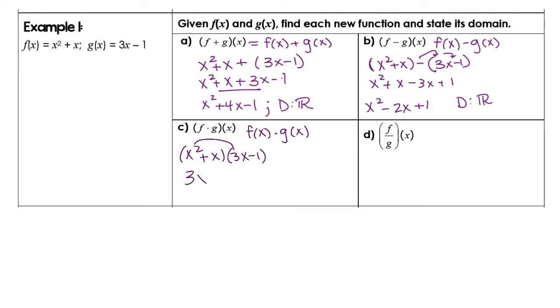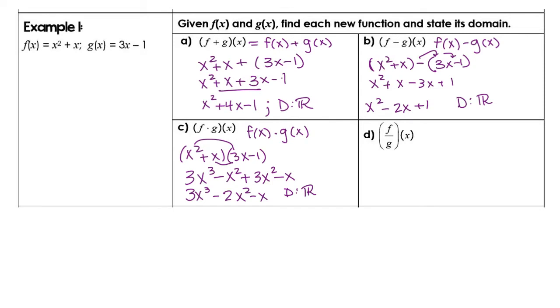We're going to have 3x cubed minus x squared. And then on the inside here, we're going to have plus 3x squared minus x. And combining these terms, we have 3x cubed minus 2x squared minus x. And the domain, again, is all real numbers.